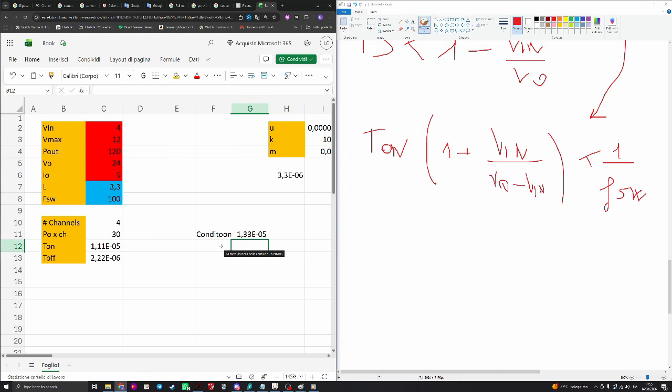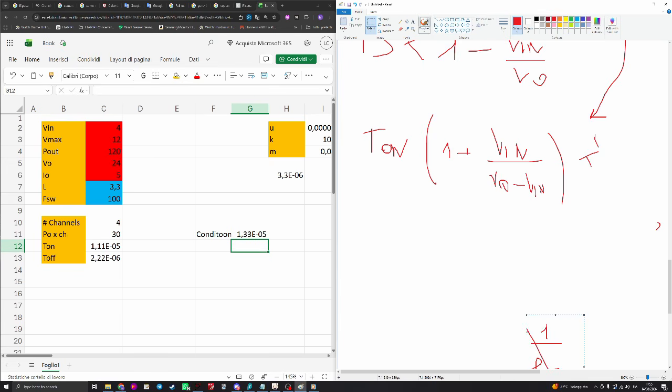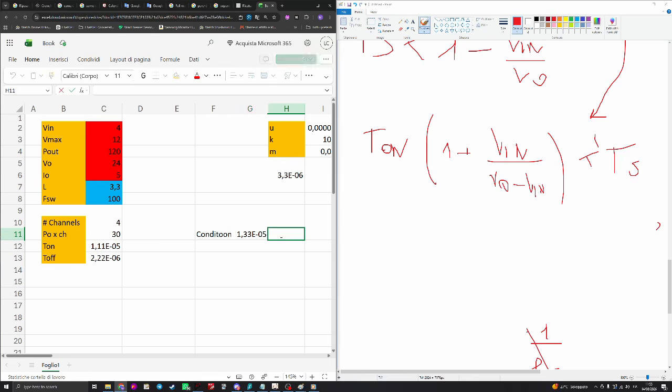And this has to be less than the TS, 1 over F switch, which is basically TS. So TS has to be higher than this.